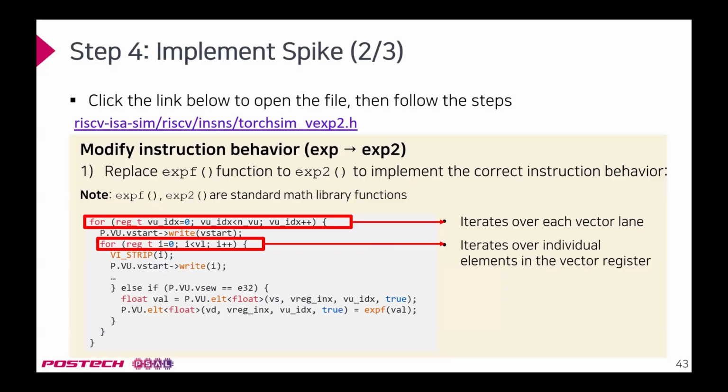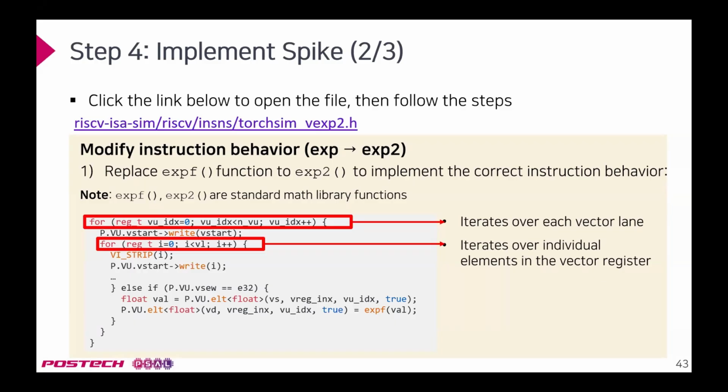Okay. Now, moving on to next step, we need to define the actual instruction behavior in Spike. So please click the link to open the file we generated. If you open the file, you can see the code snippet like this. There are two nested loops. The outer loop iterates over each vector array, while the inner loop iterates over individual elements within the vector register.